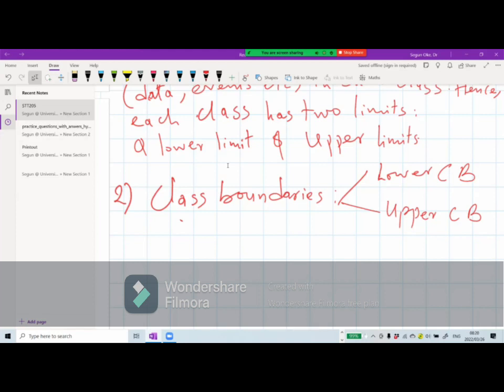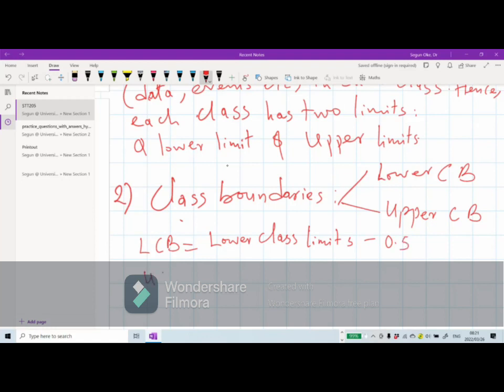For lower class boundary, in a nutshell, lower class boundary is equal to lower class limit minus 0.5.